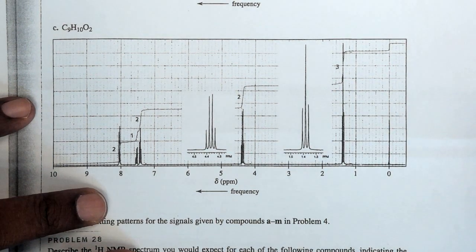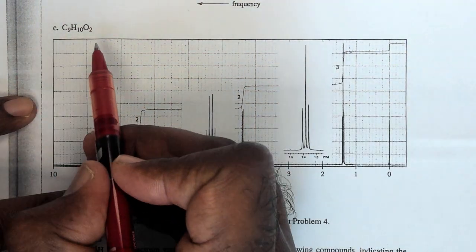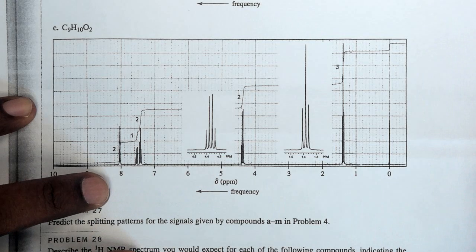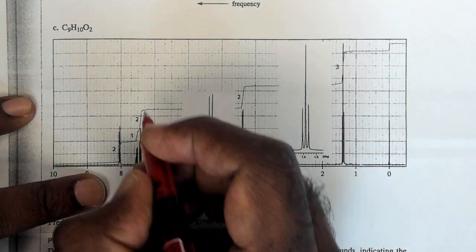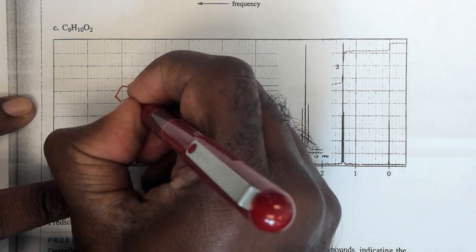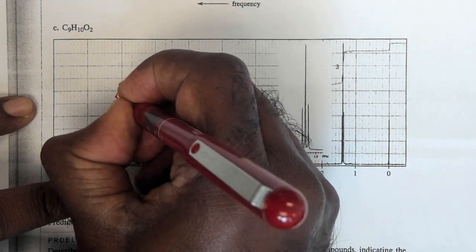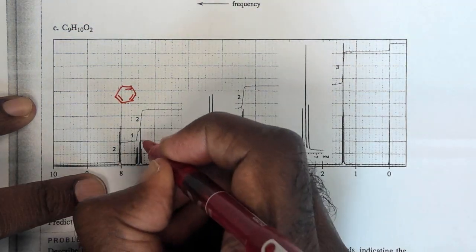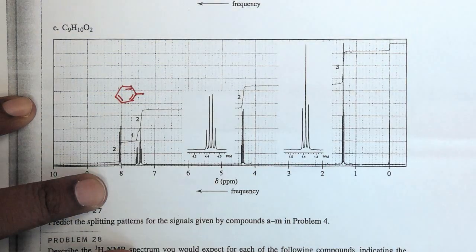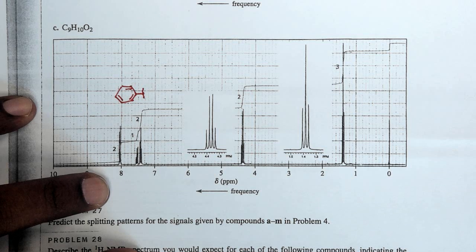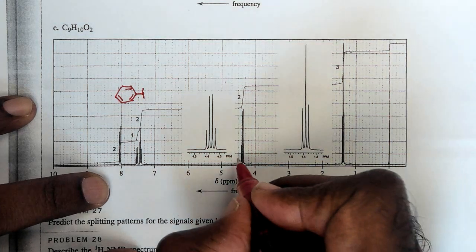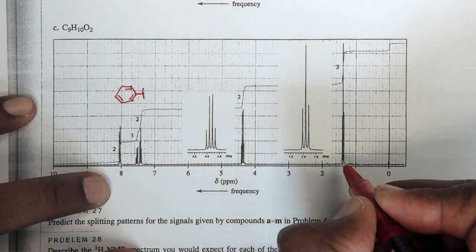The next example has a molecular formula of C9H10O2. I have resonances in my aromatic region, so again I have an aromatic ring, 5 protons, so again there must be something attached to that aromatic ring, and then just 2 resonances here.